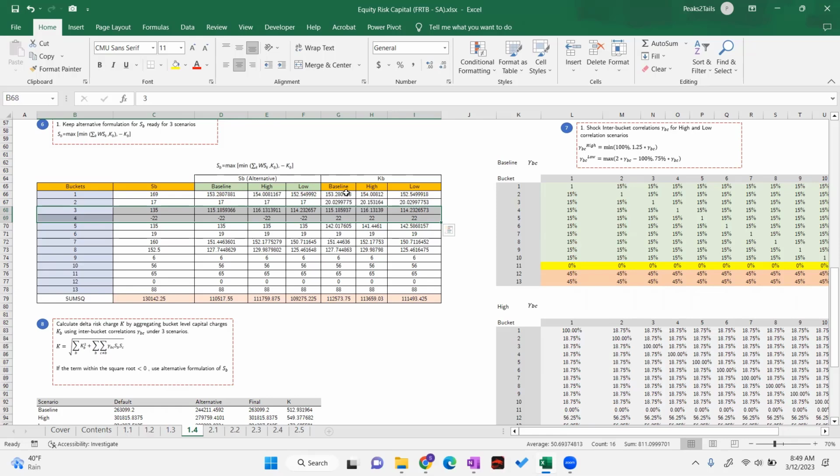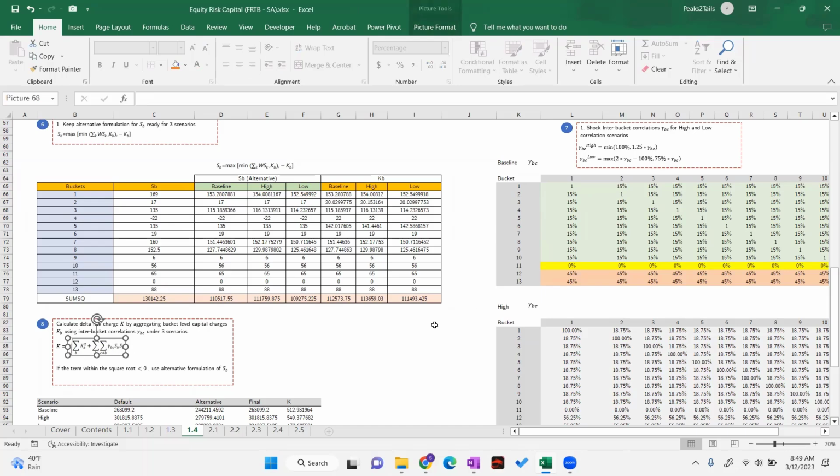So for the baseline scenario, or let me take another scenario, let's say the high scenario. Under the high scenario, using this formula, what will be the value? 116 square plus 22 square plus 2 times 135 times minus 22 times this correlation, 15%, because it is between 3 and 4. All right, that's what this is.